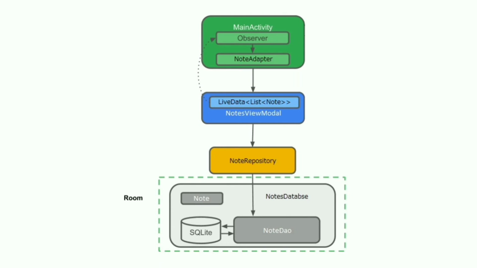The screen diagram shows the Android architecture components in regards to our app. I am going to revise these components in regards to our project. In our project, the entity class is defined in the file node.kt. The DAO class is defined in the file nodesdao.kt.